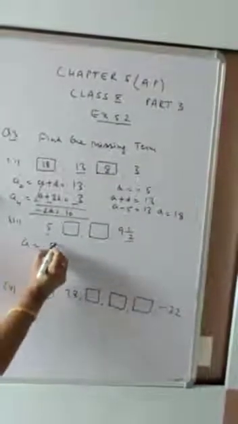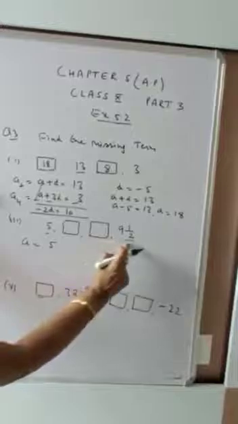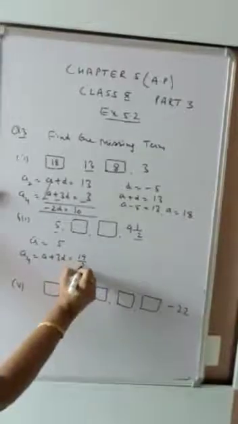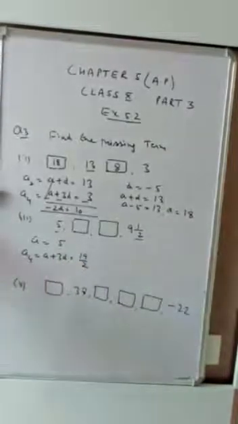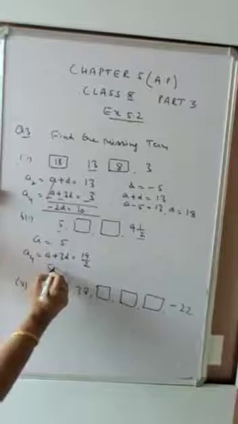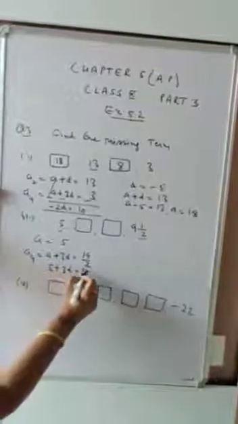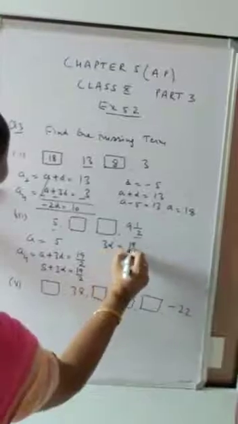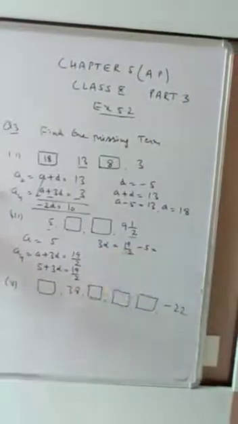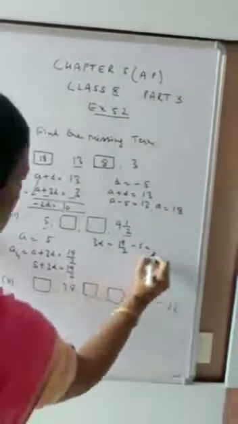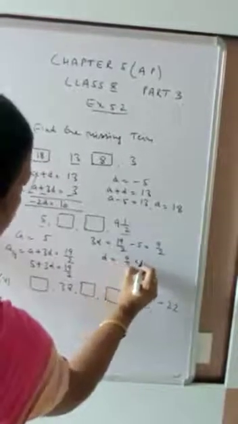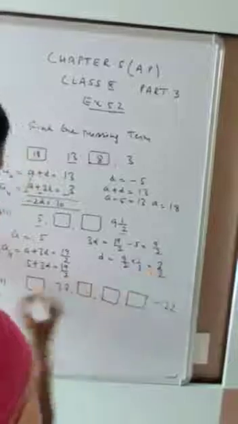Let's take the third part. First term is 5, then second, third and fourth. Fourth term a plus 3d is 19 by 2. If we put a as 5, so 3d is 19 by 2 minus 5, it will be 9 by 2, and d is 3 by 2.